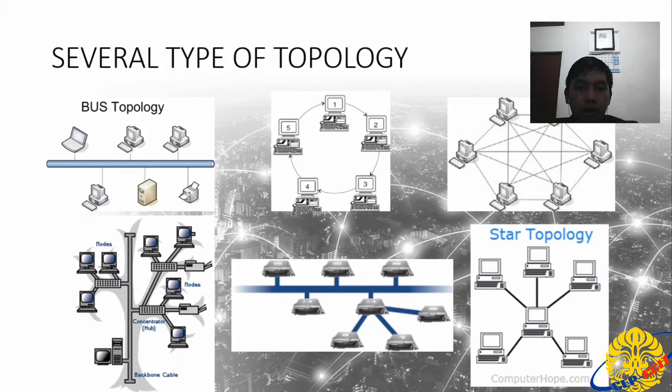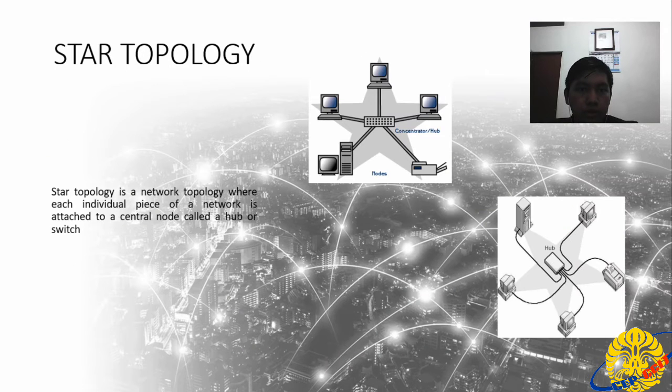Because our project is using star topology, now I'm gonna discuss star topology. So this is star topology. Star topology is a network topology where each individual piece of a network is attached to a central node called a hub or switch.